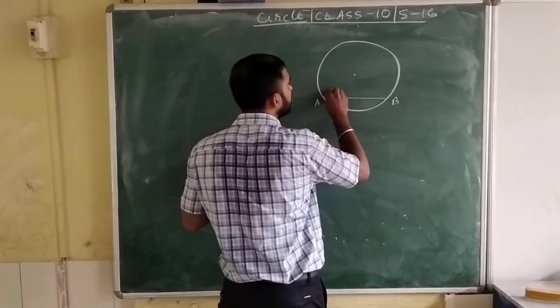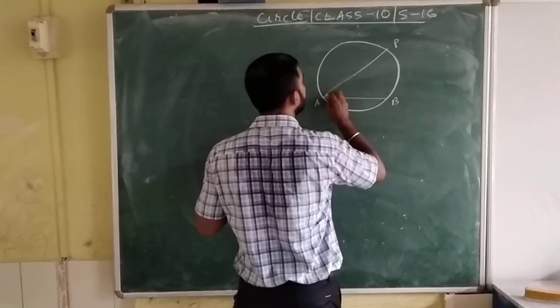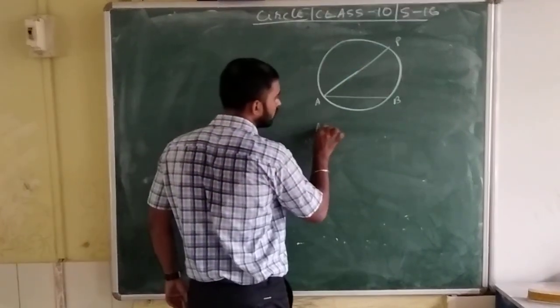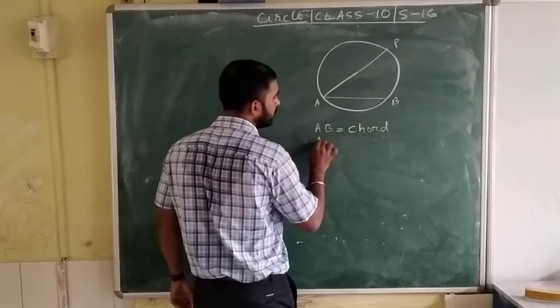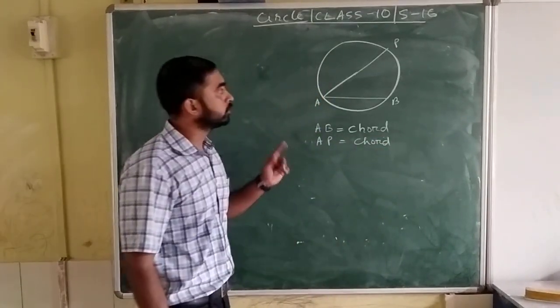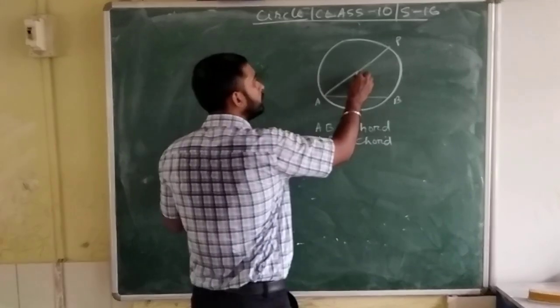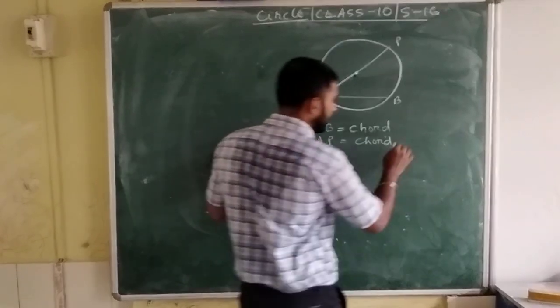Similarly, AP is also a chord. But AP is also a diameter because it passes through the center. That's why it is a chord as well as a diameter.